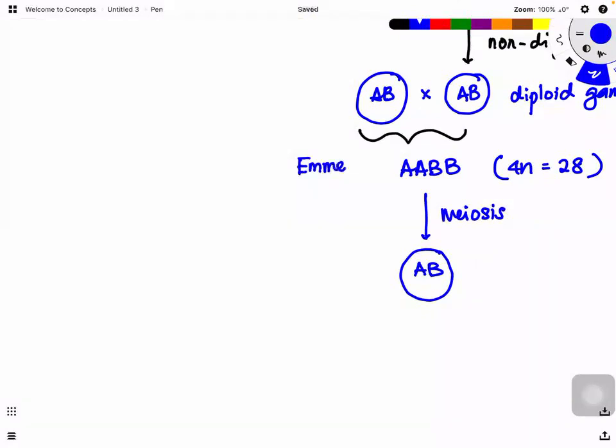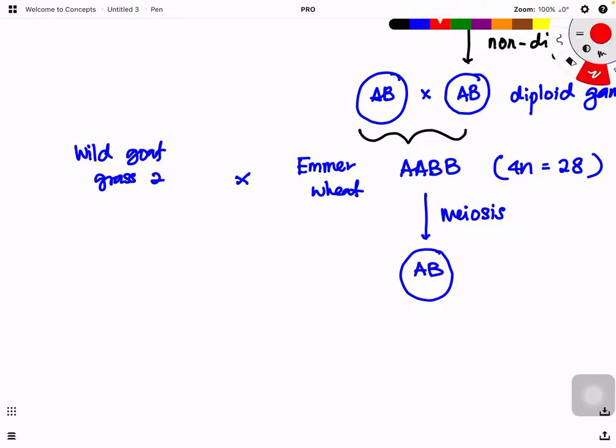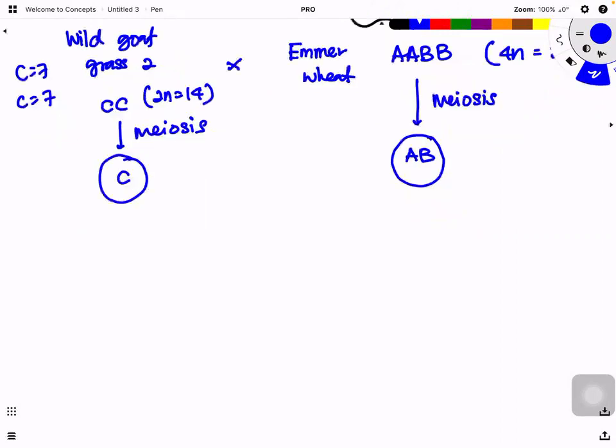Emmer is crossed again with another species of wild goat grass, species number 2, which I name CC. C equals 7 chromosomes, another C equals 7 chromosomes. They can carry out meiosis, no problem, because they are diploid, 2n equals 14, producing gametes with C chromosomes.